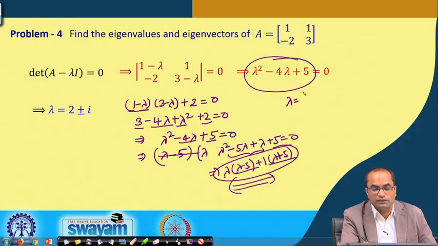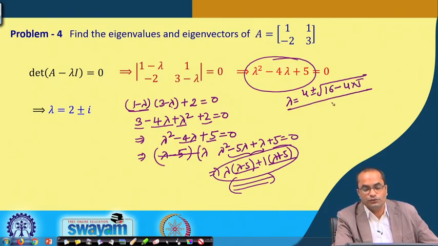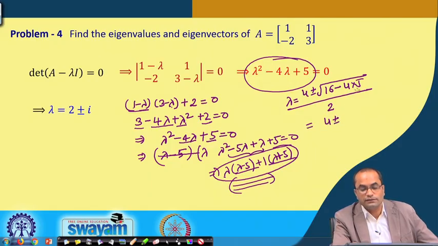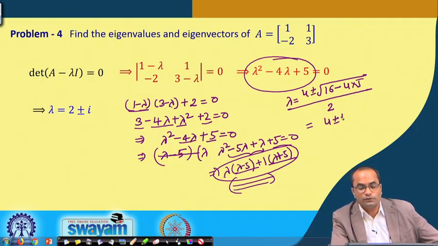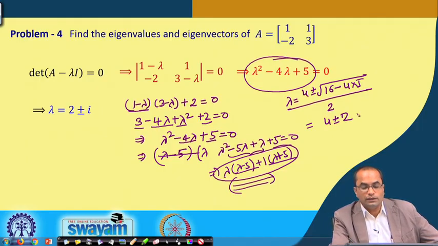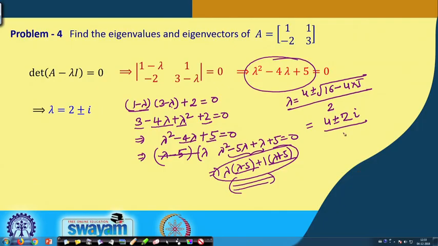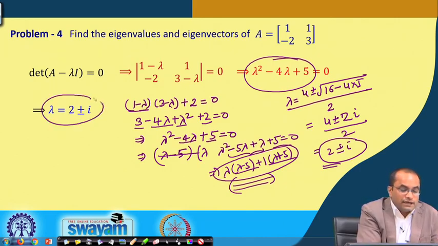Using the formula, minus b plus minus the square root of b square minus 4ac, over 2a, divided by 2, this is 4 plus minus 2i, and then divided by 2. So, this is 2 plus minus i, the eigenvalues here.